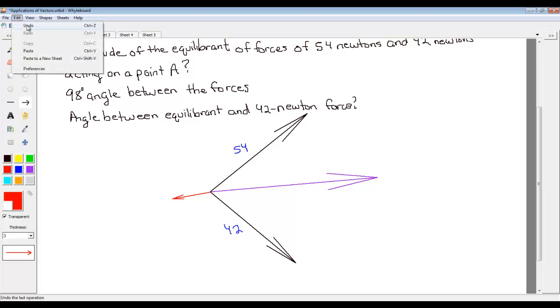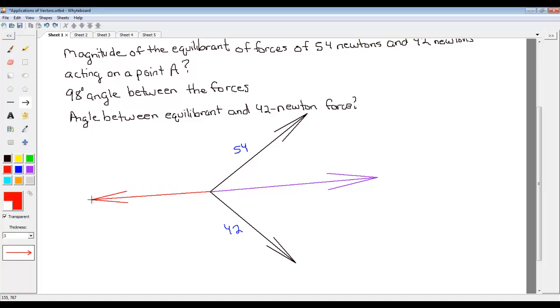Sorry, I didn't do that. My pen got stuck on my pad here. So that equilibrant is going to be opposite direction. This was the resultant vector. This is the equilibrant.